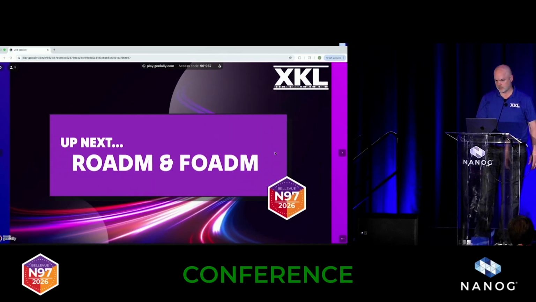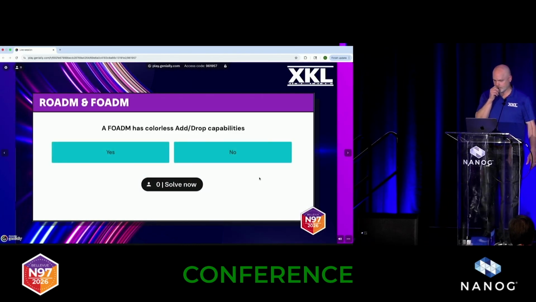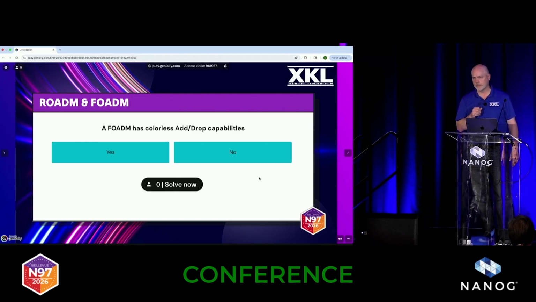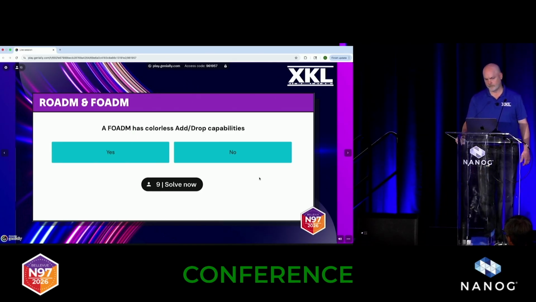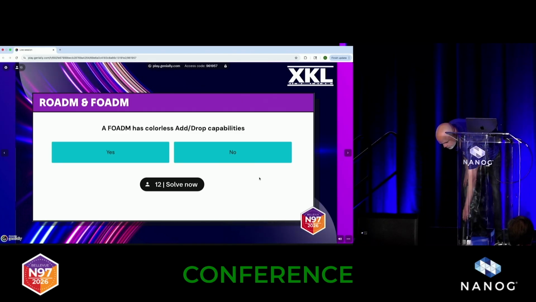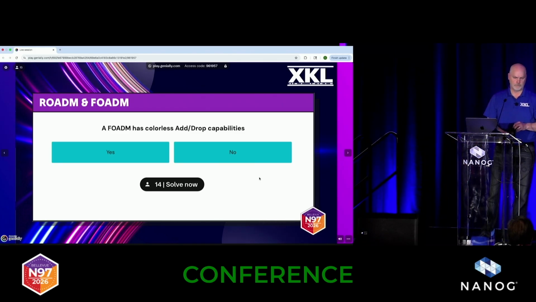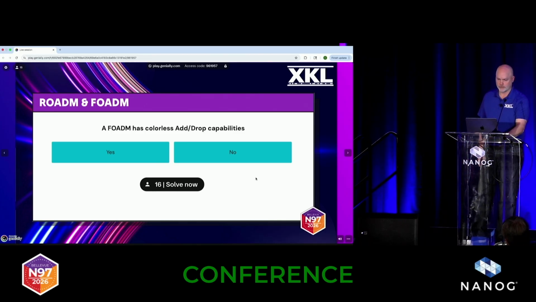Okay, let's go back to some questions. A FOTM has colorless add-drop capabilities. Yes or no? You all know the answer to this.